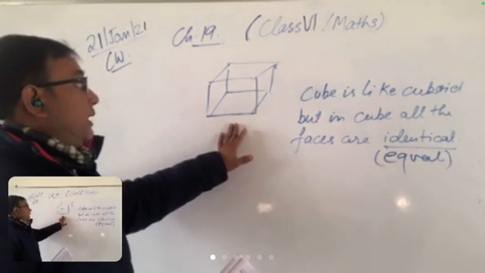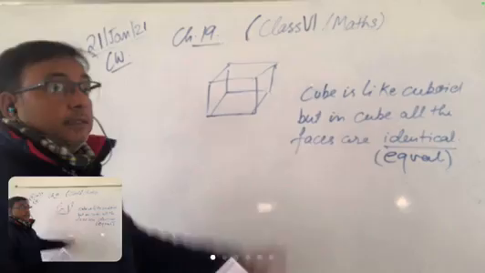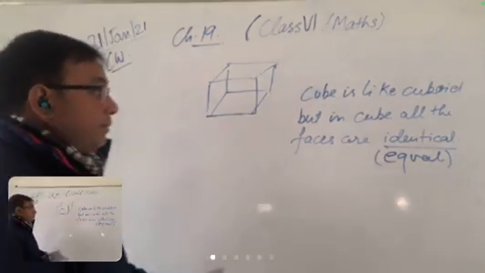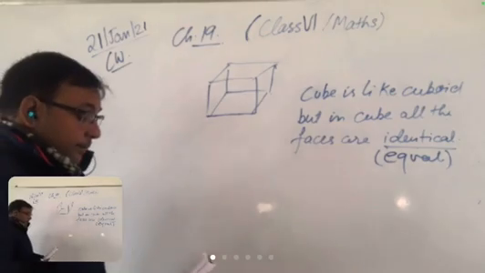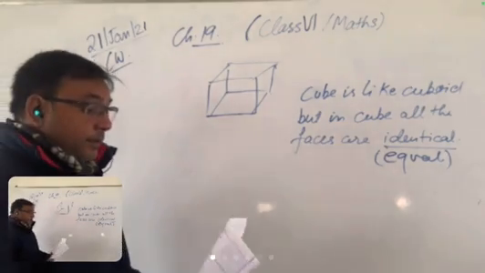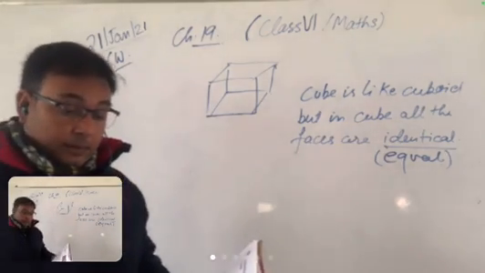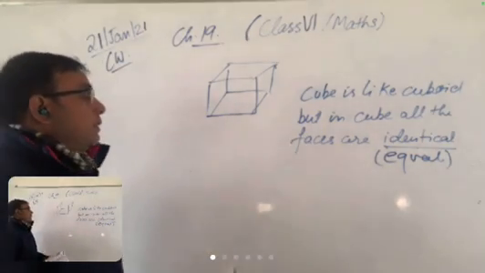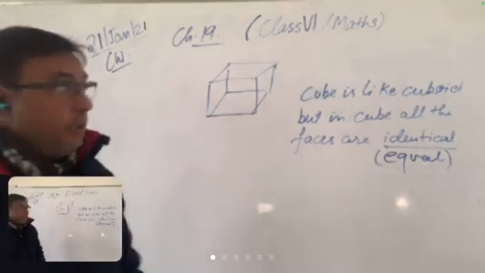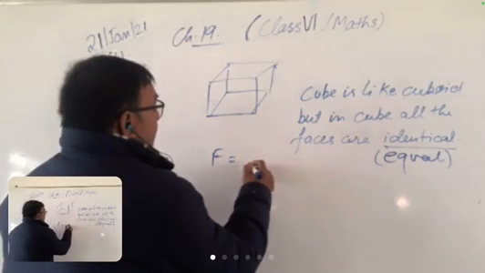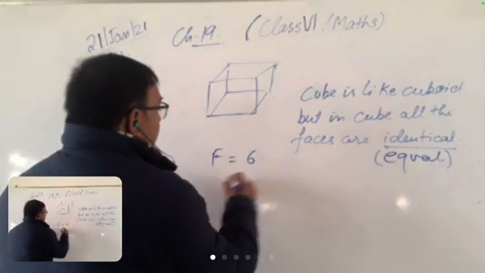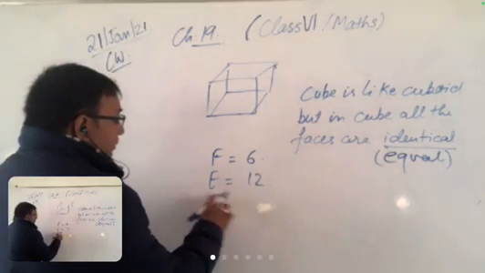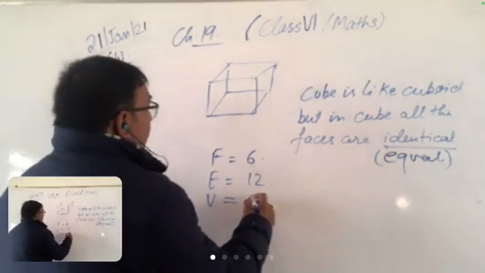Faces in cube is six. And edges, how many edges? Good. So face is 6, edge is 12, and vertex is equal to 8.